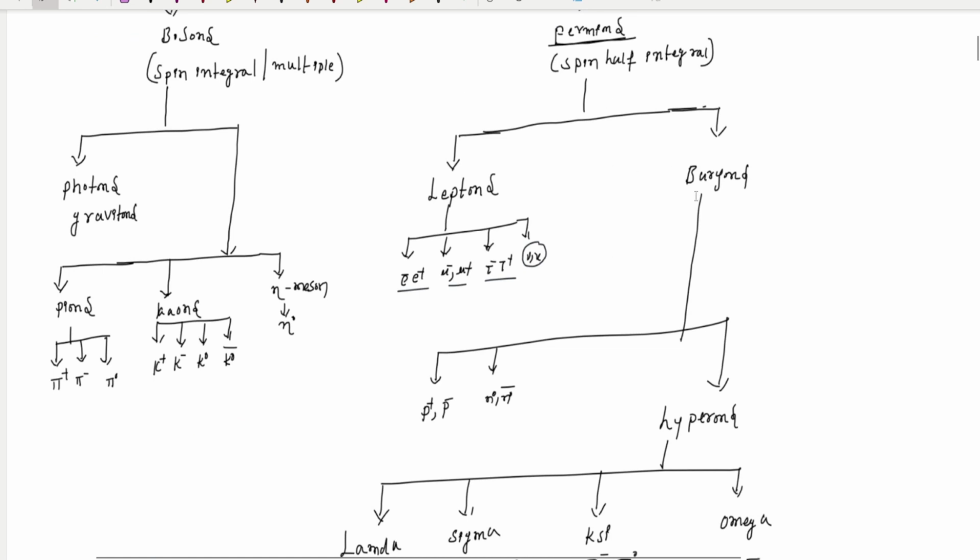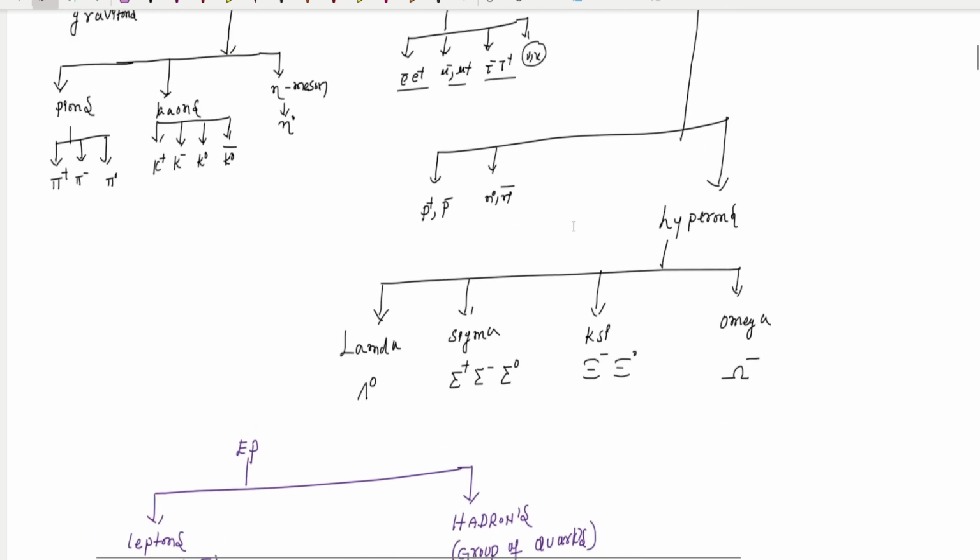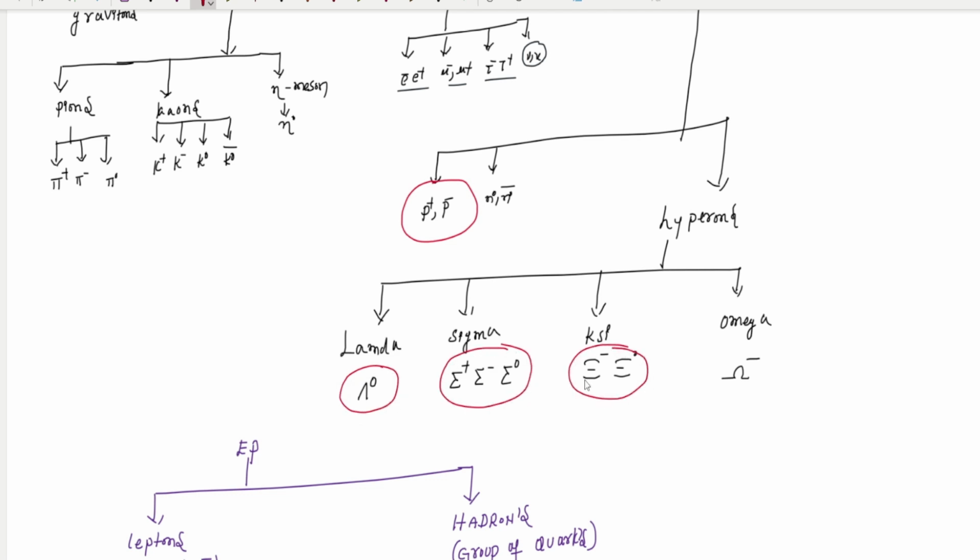In this classification, here the baryons, see, some order is there, right? This is how I remember all these things in national exams. This is the first category, this one is the second category, this one is the third, this one is the fourth. This order is there.